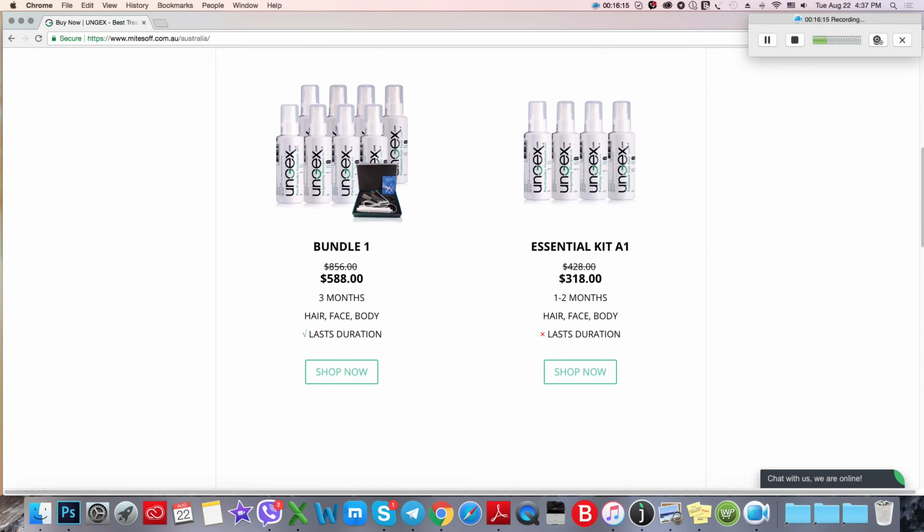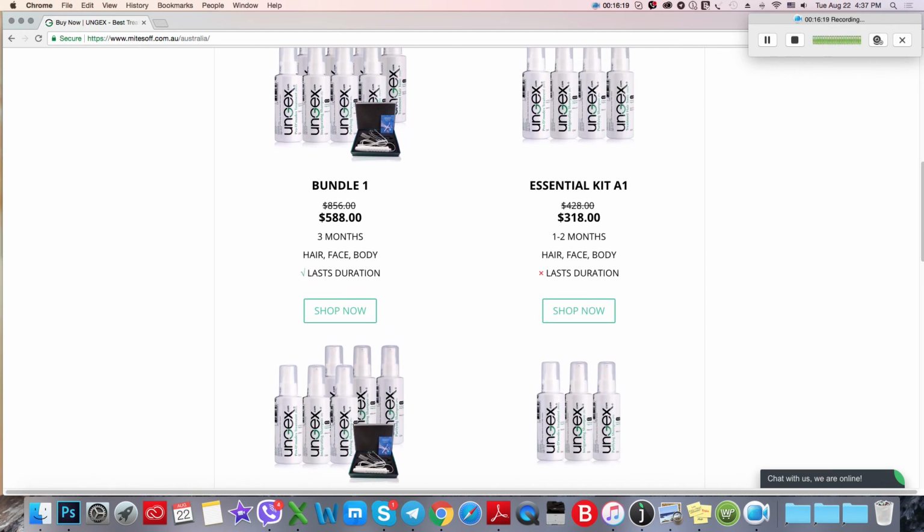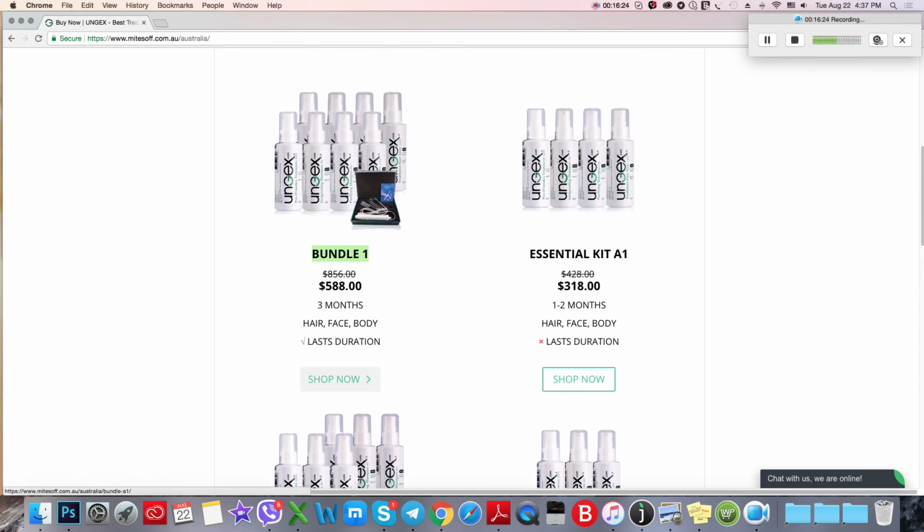But we have different packs, as I said. So the bundles basically are on average enough product to last an adult the whole 3 months. It also comes with a high frequency instrument, and the kits generally last like a month to a month and a half.